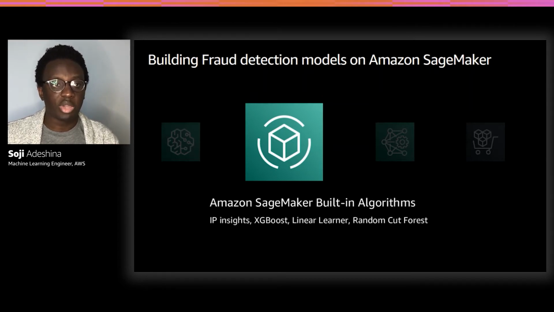Right? For example, if you have just partially labeled data, you can use IP Insights for flagging malicious IP addresses, XGBoost for a supervised fraud prediction model, and Random Cut Forest for an unsupervised fraud prediction model. Now, these first-party algorithms are designed to be used at Amazon scale.